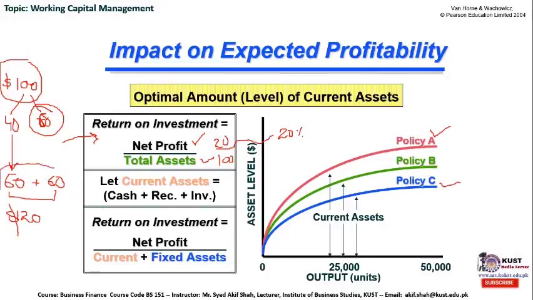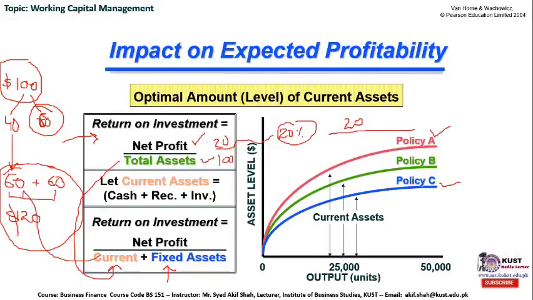However, when we increase the level of current assets, what will be the impact on the company's profitability indicator? In the next phase, we divide the same profit, which is $20, by the total assets, and we know that total assets are equal to the current assets plus the fixed assets of the company. So we have $60 in current assets this time, and then we have $60 in fixed assets, so it comes to $120 in total.